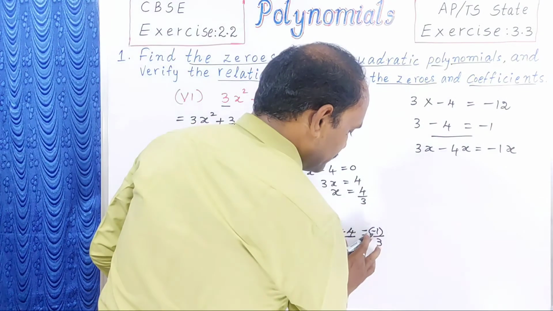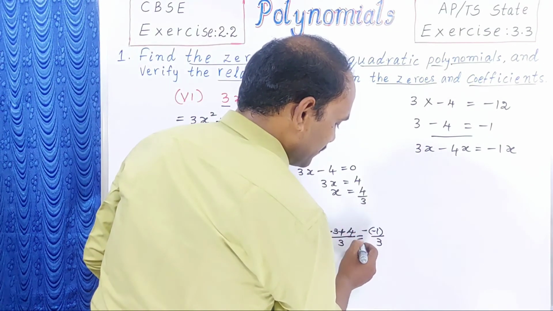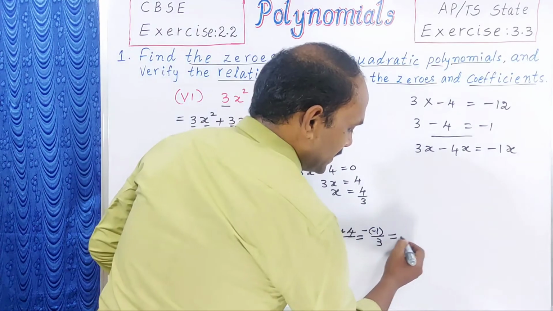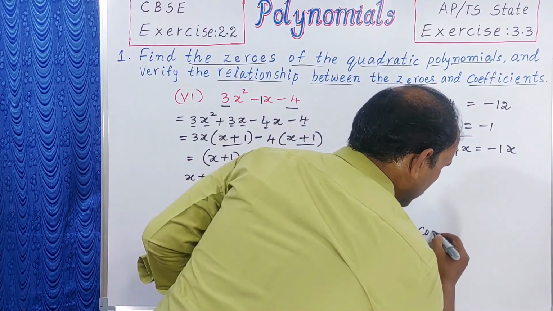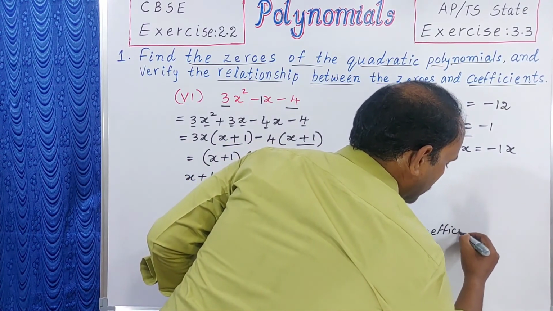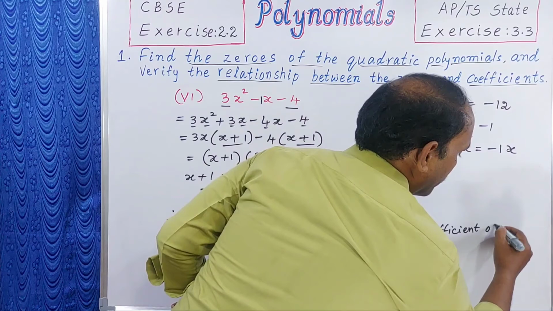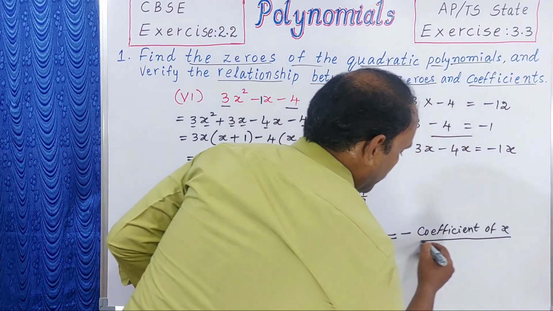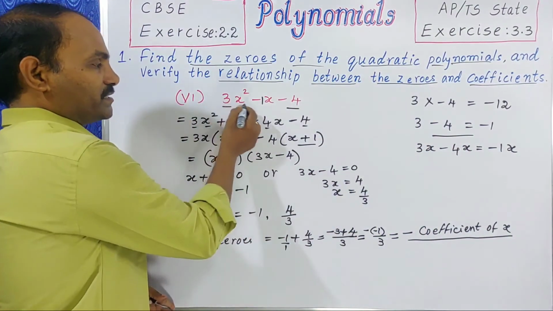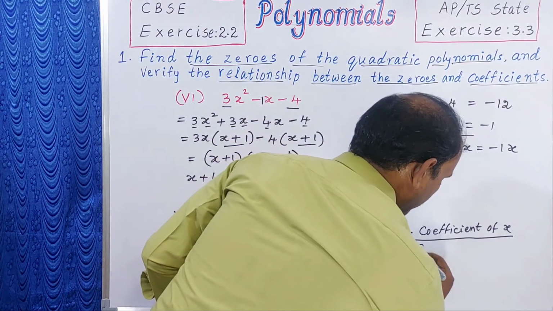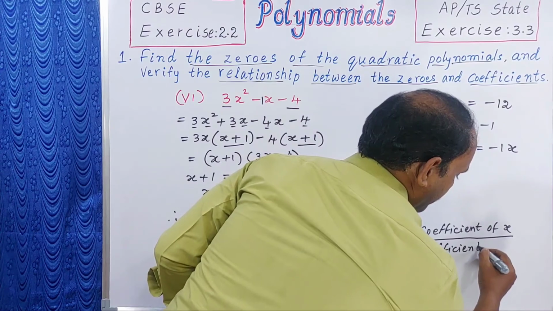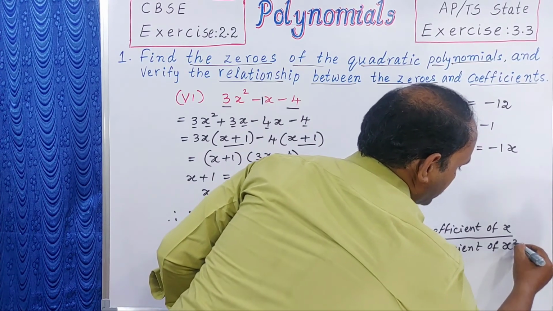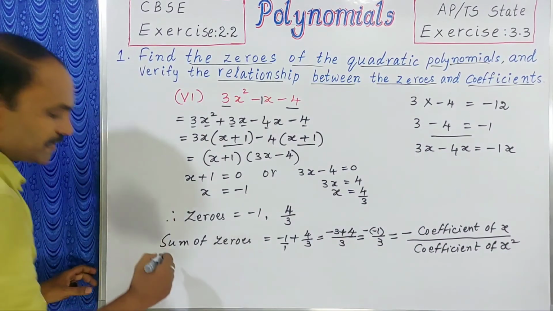So minus of minus 1, where minus 1 is the coefficient of x, by 3, and 3 is the coefficient of x square.